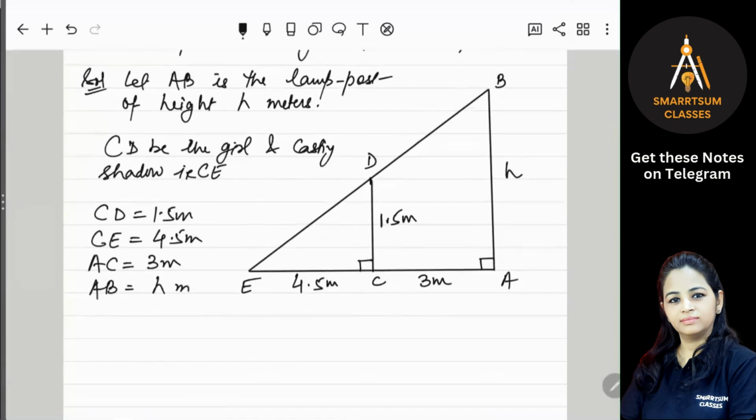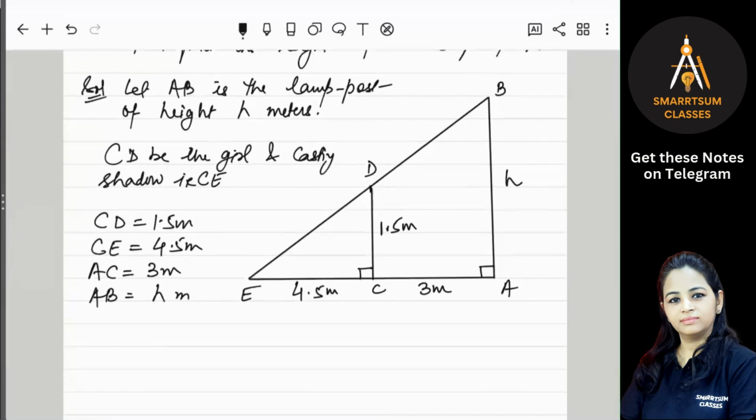Now, look at these two triangles. Can you see the triangles? Two triangles, triangle AEB and triangle CED, the bigger one and the smaller one. These are similar triangles.